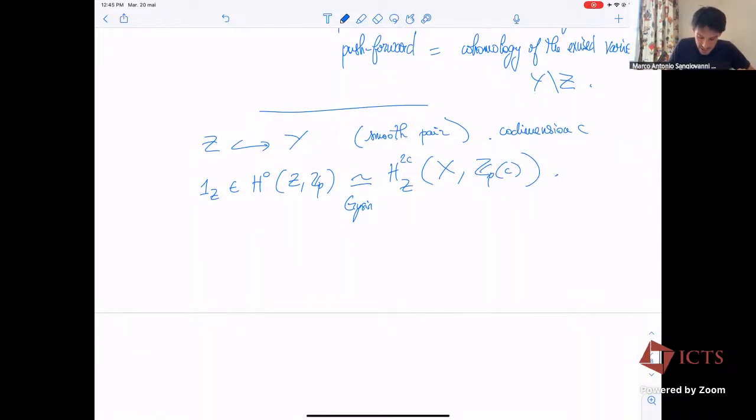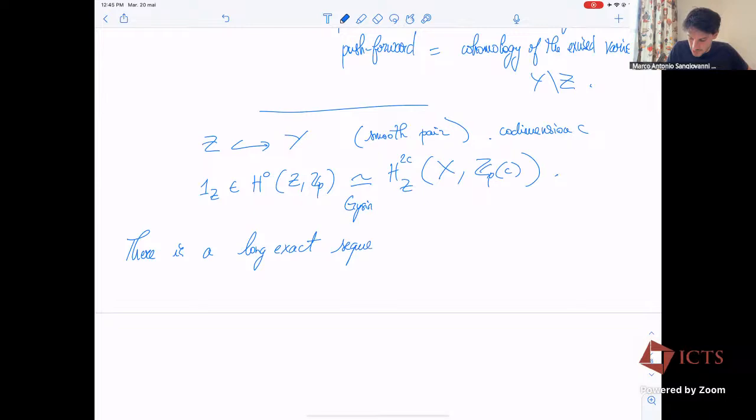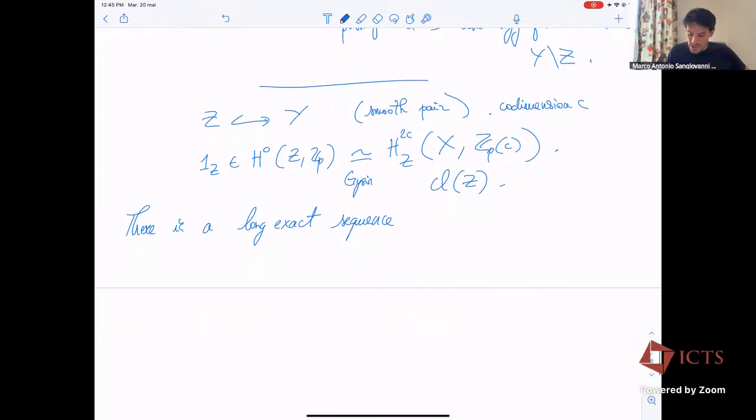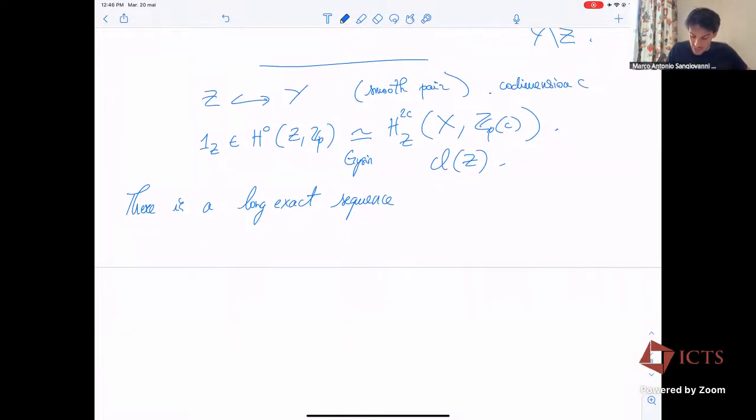But there is a long exact sequence, and so the image of the constant function in here is what usually people call the class of Z. And there is always a long exact sequence of the following shape.